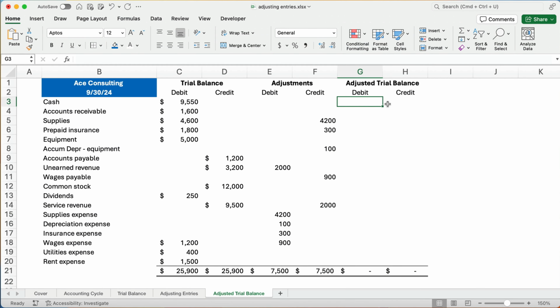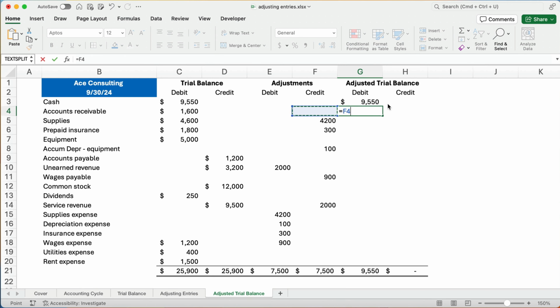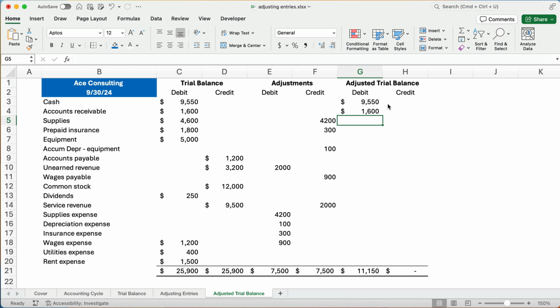So for our cash, we're just going to bring that amount over. Accounts receivable, bring that over. Now supplies is going to be $4,600 minus the $4,200 because it's a debit and a credit, right? Same thing here for prepaid insurance. It should be $1,500, right?